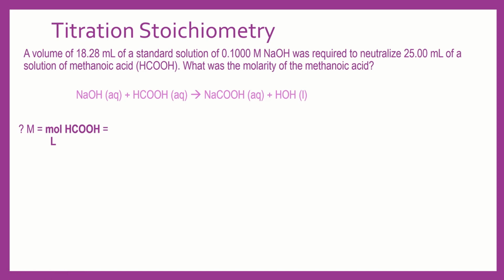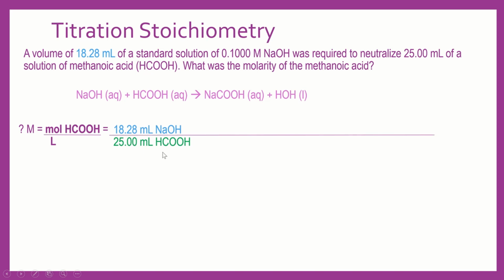Okay, we're looking for molarity, so we'll start off with moles over liters of HCOOH, methanoic acid. Here's our unit by itself, 18.28 milliliters of sodium hydroxide. And that's equal to 25 milliliters of methanoic acid.